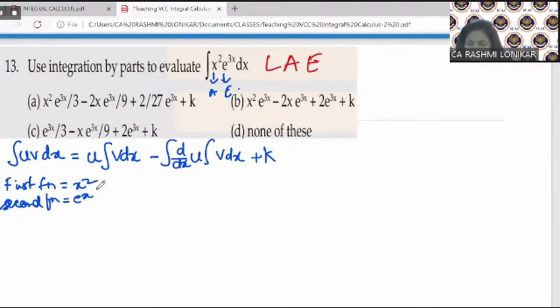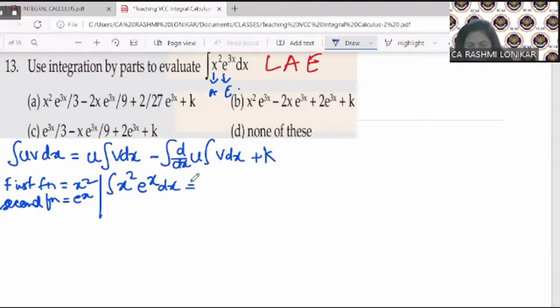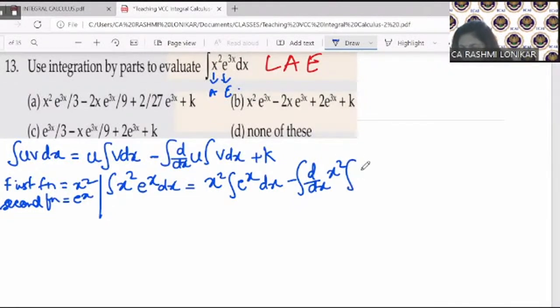Using this, I find out: integral of x square e raised to x dx is equal to first function, x square, into integration of the second function, e raised to x, minus derivative of the first function into integration of the second function, plus c.